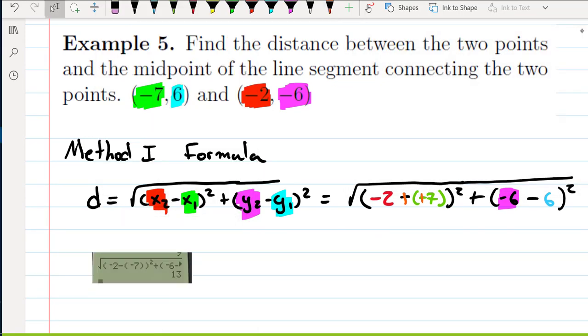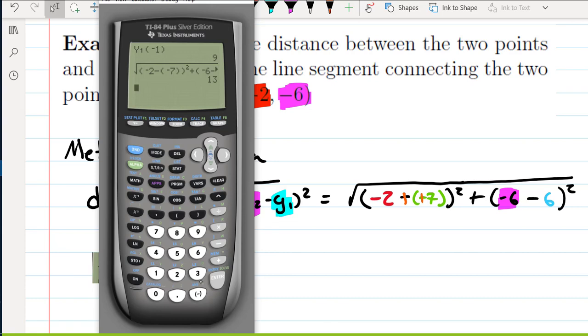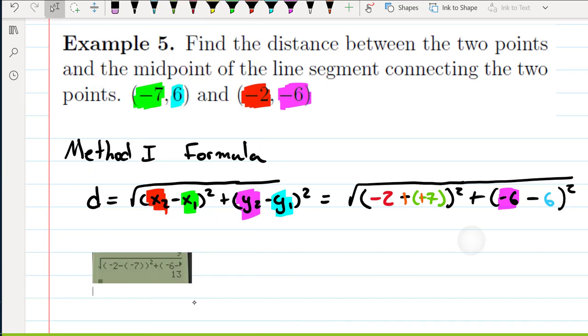And the one thing we do need to remember when we're doing that is, remember, we have to differentiate between subtraction and the negatives by using the subtraction key on our calculator and the negative key, which is the one that's down below the 3 on our graphing device. So we get 13, and we'll notice if we did this manually, negative 2 plus 7 is negative 5, or positive 5, because it's plus 7.